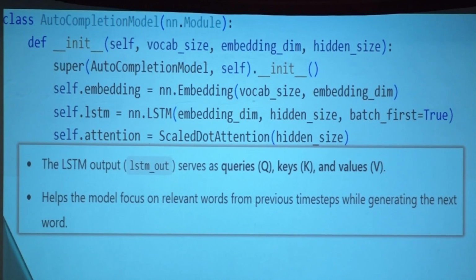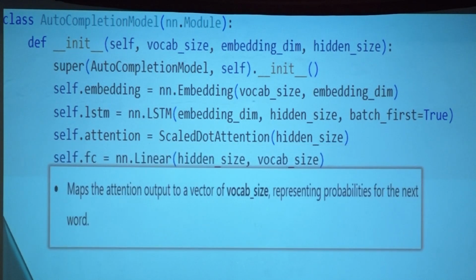It helps the model focus on relevant words from previous time steps while generating the next word. So you pass the output of LSTM to your attention here. Clear enough, guys? Once it is done, you will apply a linear transformation using a fully connected layer wherein it will map the attention output to a vector of your vocabulary size, representing the probabilities of the next word. Clear enough?